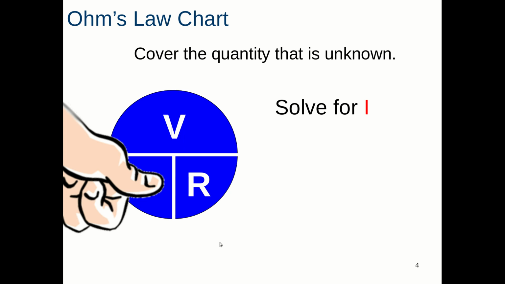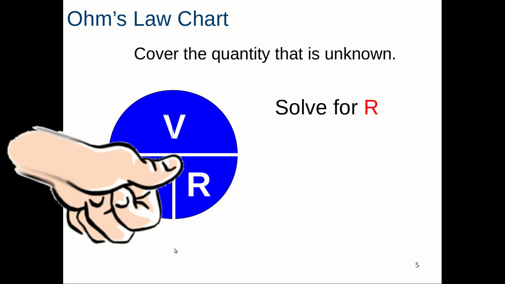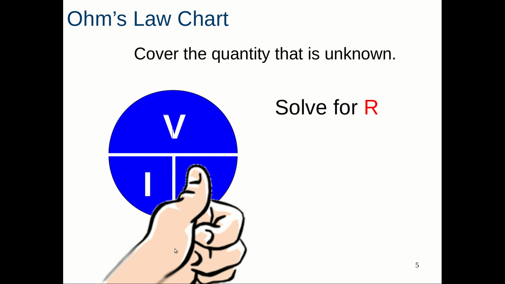You will be given two quantities and you have to solve for the other one. I think it is a very easy relationship. Then the last one is for the R, the resistance, and you just divide V over I to get the resistance.